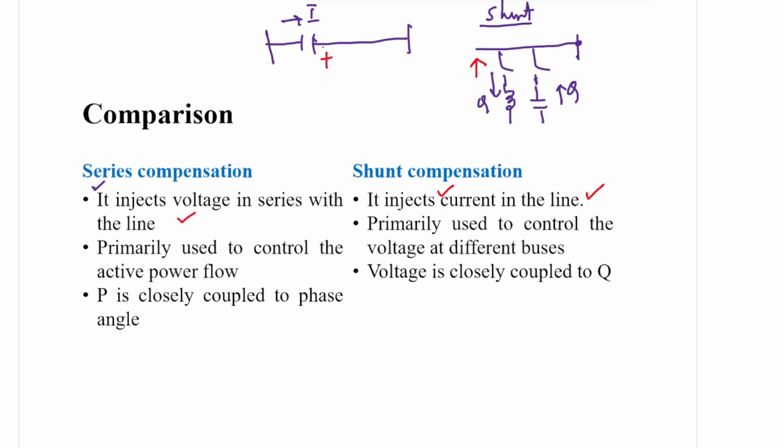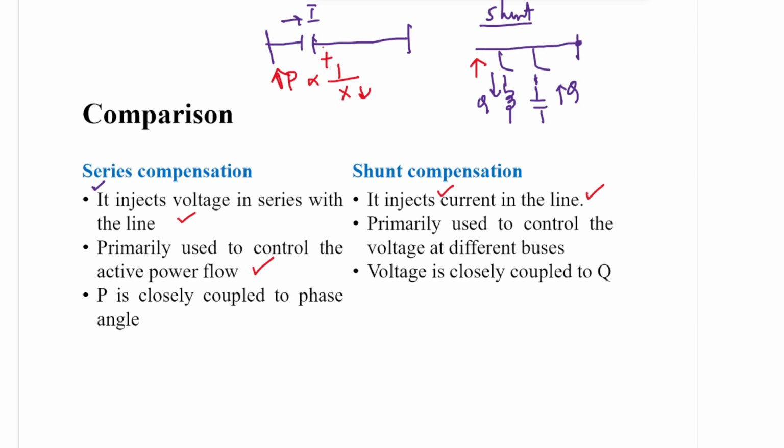Now series compensation is primarily used to control the flow of active power. As you have seen, P is directly proportional to 1/X. So if you change X, then P will change automatically.